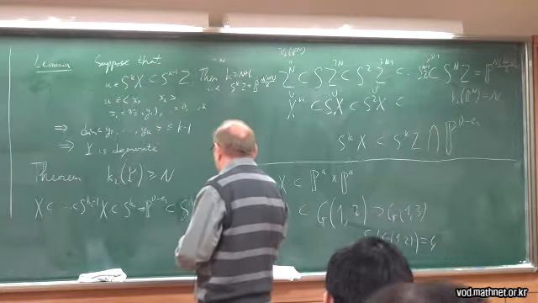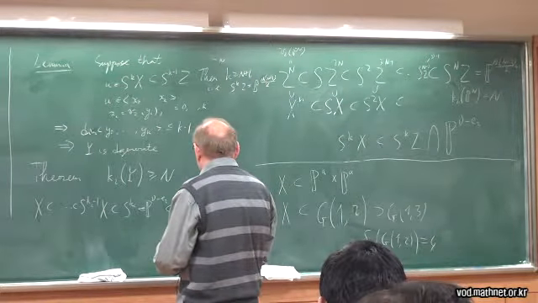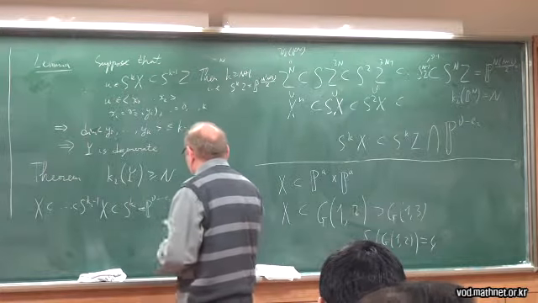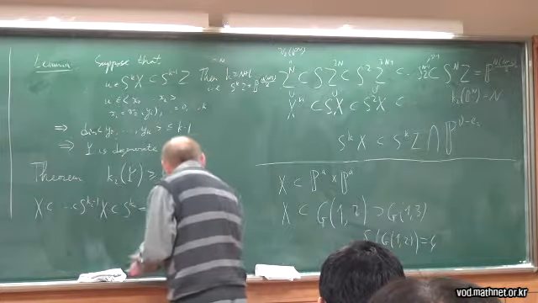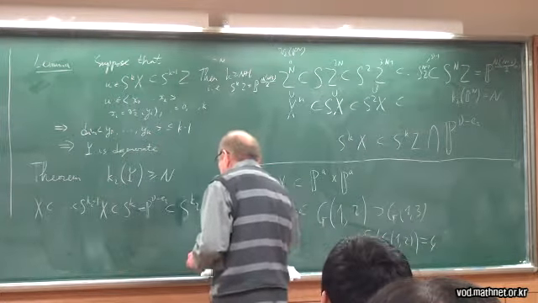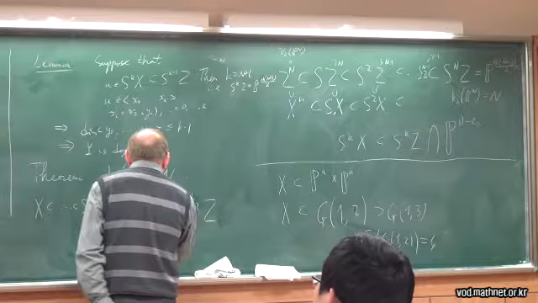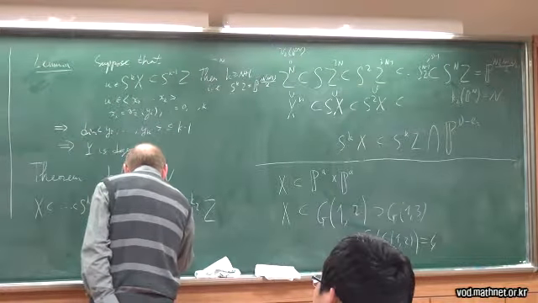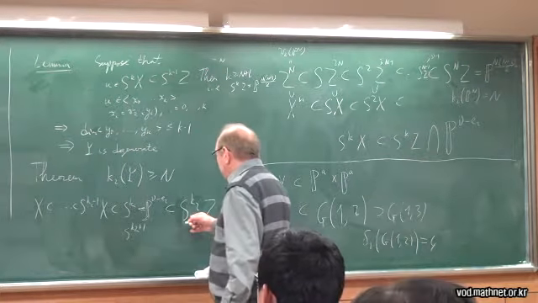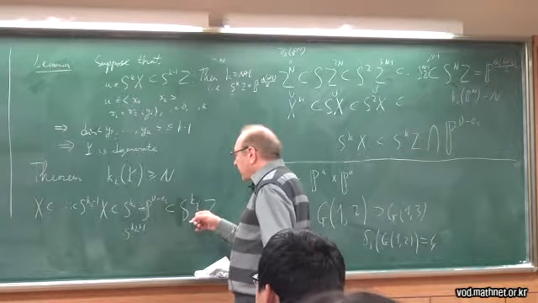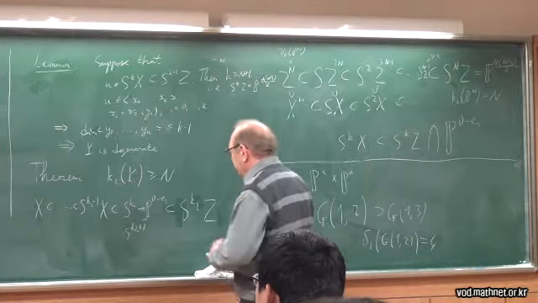Suppose that K2 is smaller than n. So this is contained, of course, in S_K2. And S_{K2 plus 1} is equal also to this space, because it stabilizes. But then it's contained here, and if K2 is smaller than n, this contradicts this lemma. And so we arrive at a contradiction.